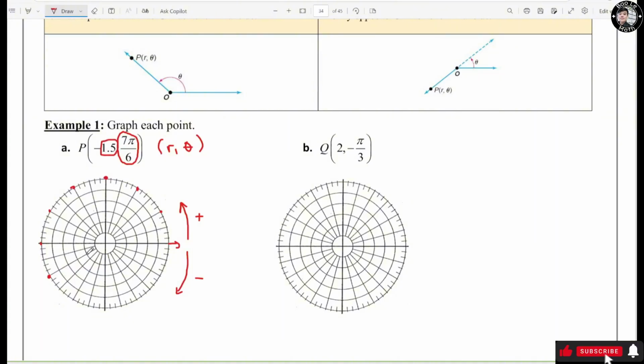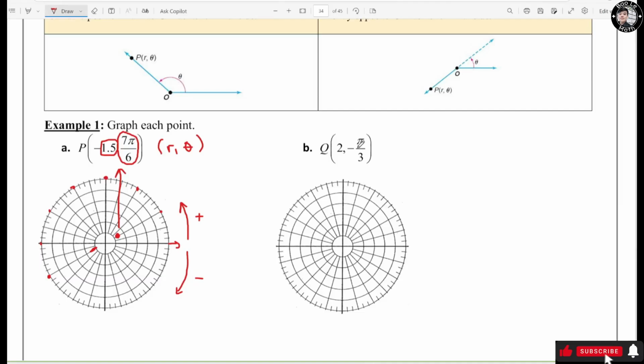So 1 is the first circle, and 1.5 is going to be right here, the distance from here to here. Now, since the radius is negative, you need to take the opposite. Opposite to this one is this point right here.